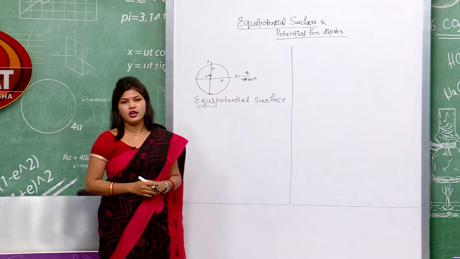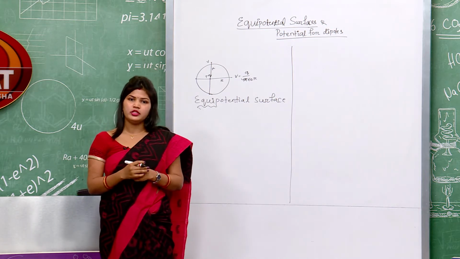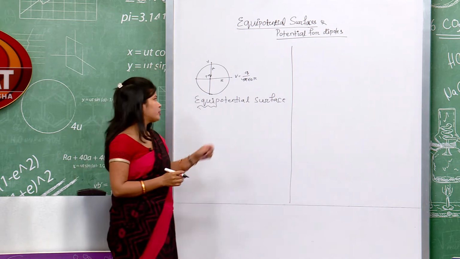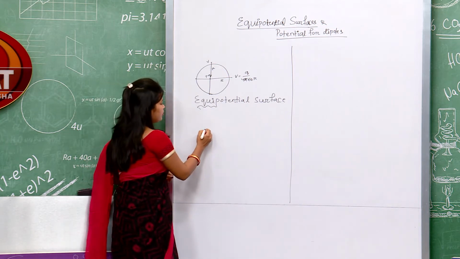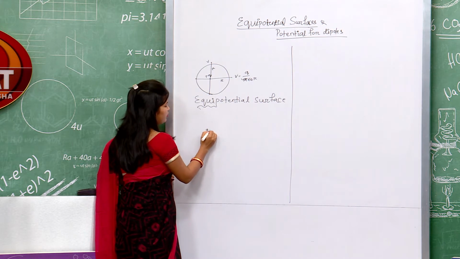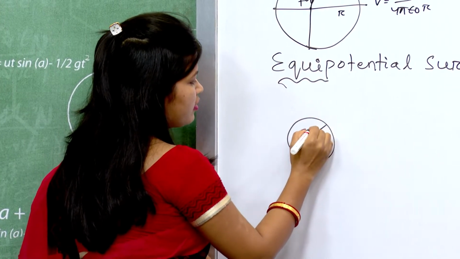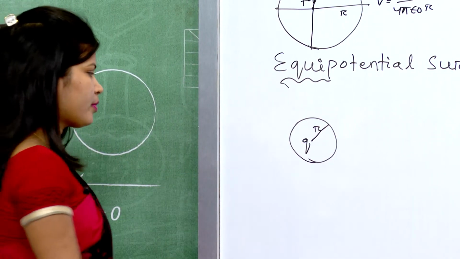Equipotential surfaces are imaginary surfaces on which at every point potential is same. So, for the point charge q at a distance r, the equipotential surface is like this.